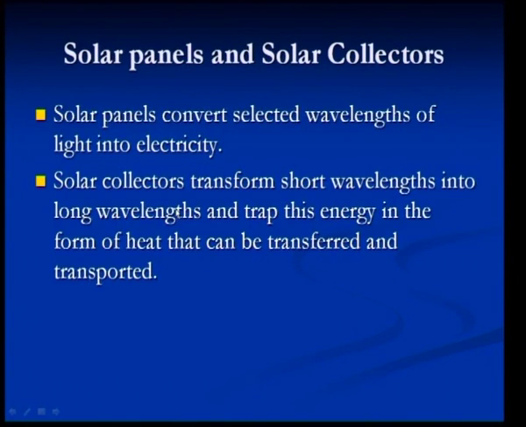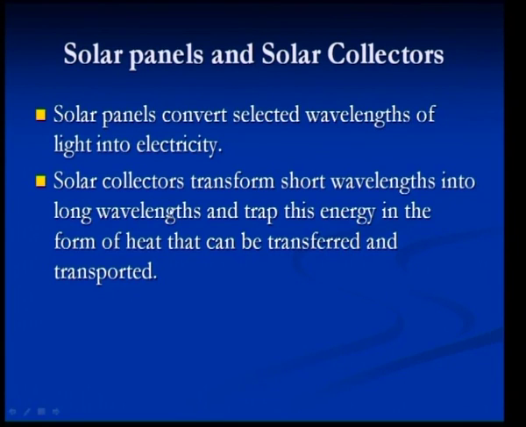Now, there are two different words, solar panels and solar collector. There is a basic difference between a panel and a collector. A solar panel converts only selected wavelengths of the light falling on it into electricity, whereas the solar collector can transform short wavelengths into long wavelengths and trap the energy in the form of heat, which can be transported to our various requirements.